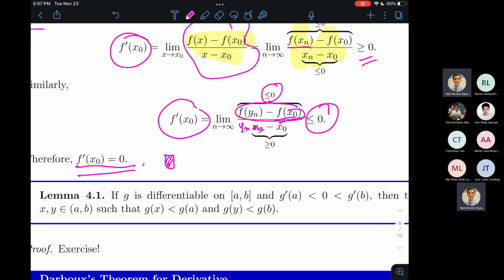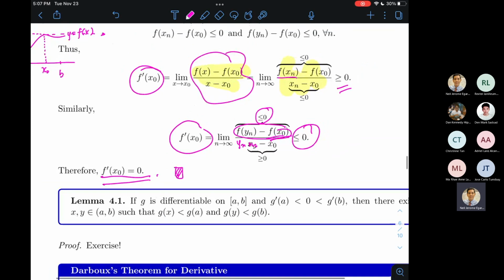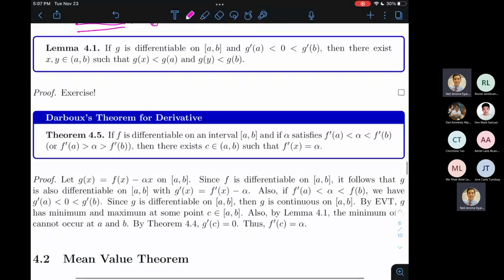But if we are considering a function f which is differentiable on the entire interval AB, we know that the maximum and the minimum will occur at critical numbers lamang. Okay? So yeah, I think that's it.